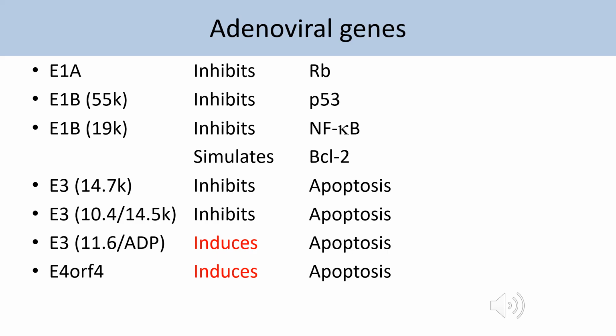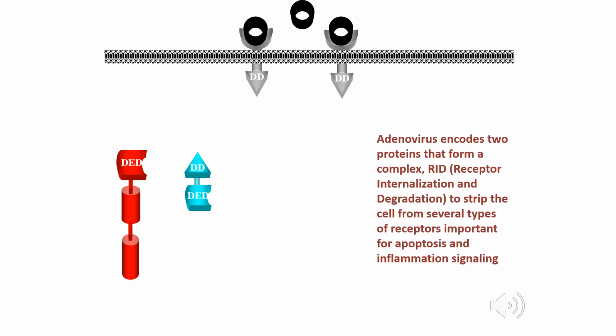There are several very interesting genes in the adenovirus. We talked about several of them in the previous lecture, those that regulate apoptosis and the cell cycle and in the inflammatory response. Several additional genes are actually of interest in regulating the inflammatory response.